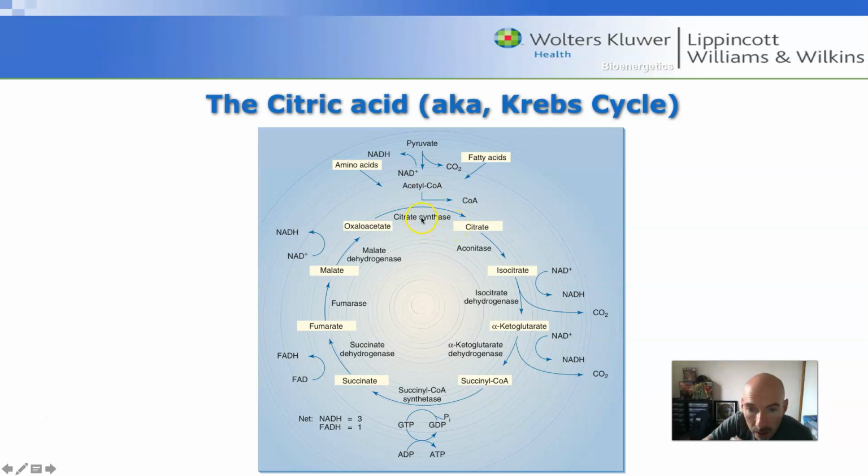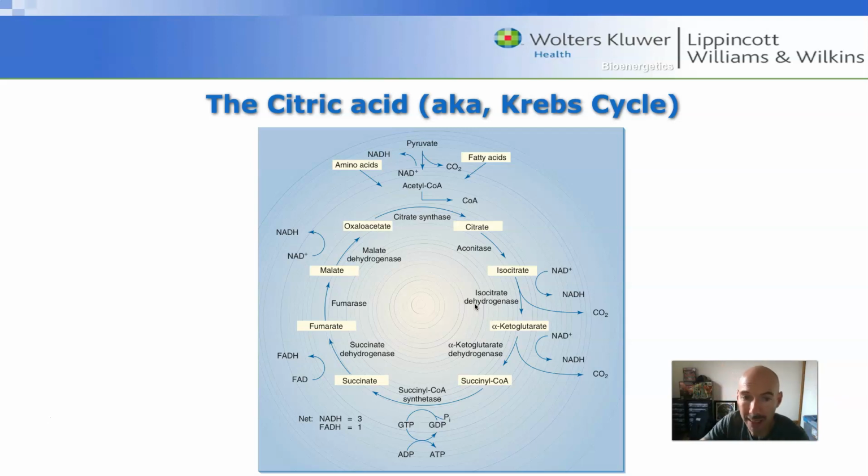So notice here in the plain text, these are enzymes. Any word that ends in "ase" is an enzyme. Notice that some of these enzymes have an interesting second word, and that second word is dehydrogenase. Okay, so that word should tell you what the enzyme does. Dehydrogenate means remove the hydrogen.